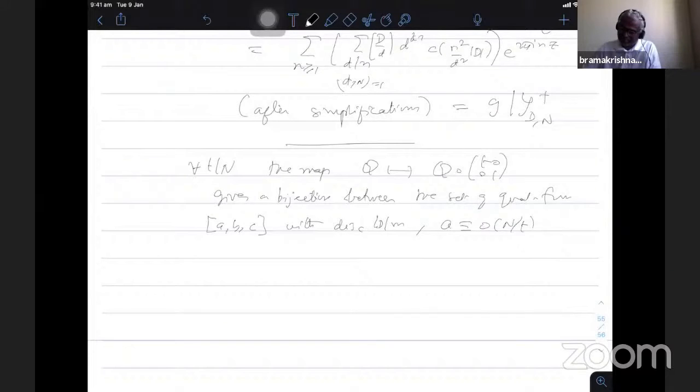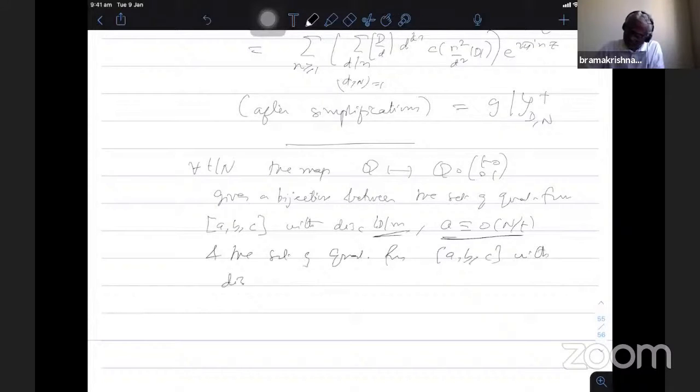So this gives a bijection between the set of quadratic forms with this discriminant and the property of a, and the set of quadratic forms ABC with the discriminant mod dm t square, and now a is 0 modulo n times t. So there is a shift of the divisibility of a, and the discriminant changes, multiplied by t square.